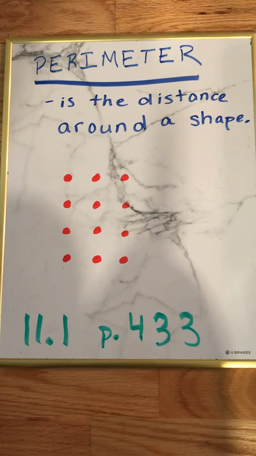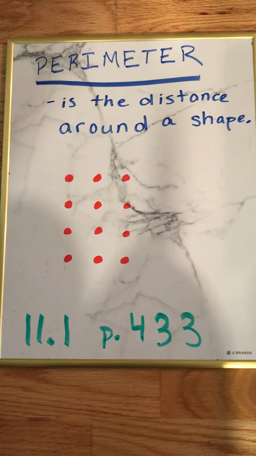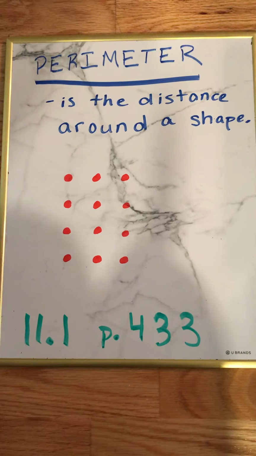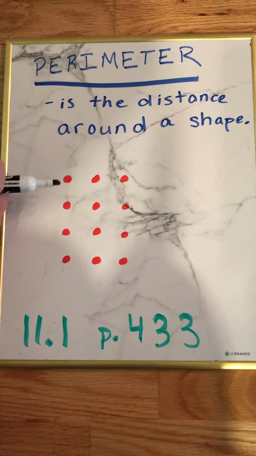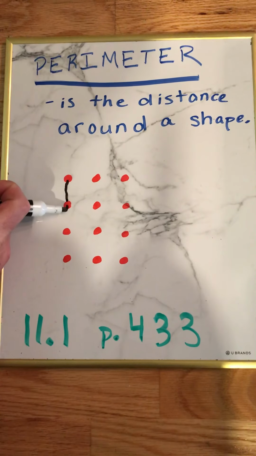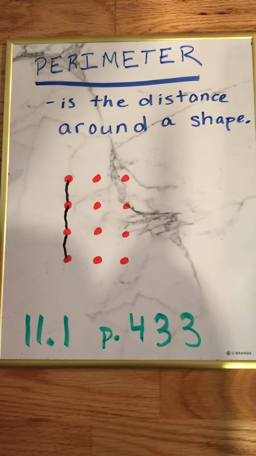As I always say, underline the important parts. We know it's 3 units on 2 sides, 2 units on the other 2 sides. So take a look at what Mr. White did here. Let's count as I trace how many sides. We have 1, 2, 3.